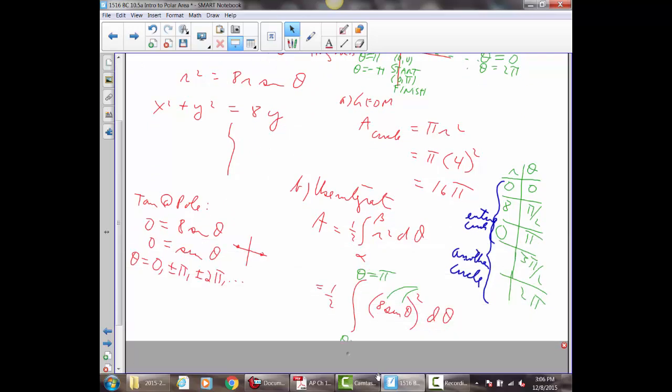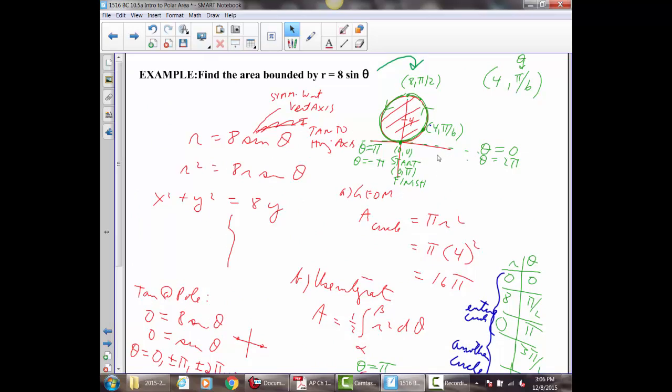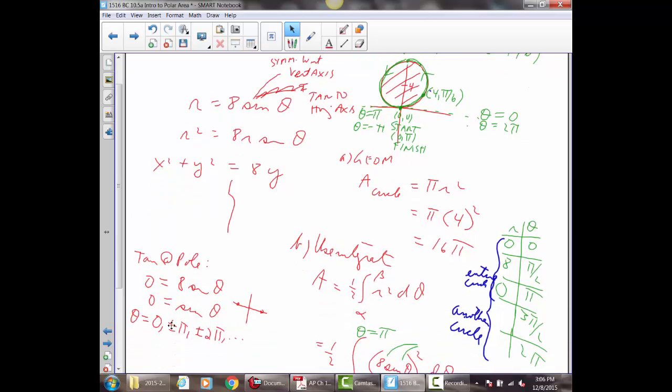But if we want to do it using our formula that we now have, we'd have to find the tangents at the pole, so we take r equals 0, solve, we get 0, pi, 2 pi. The only tangent it has that goes through the pole is the horizontal axis.